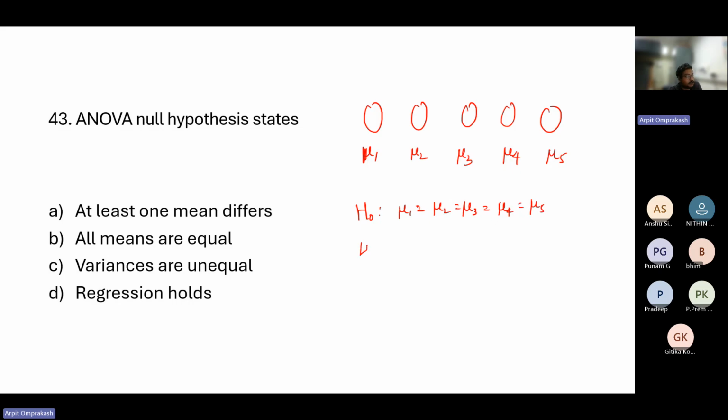And your alternate hypothesis is basically that at least one of the mu is different. Right. So the answer here is option B, all means are equal.